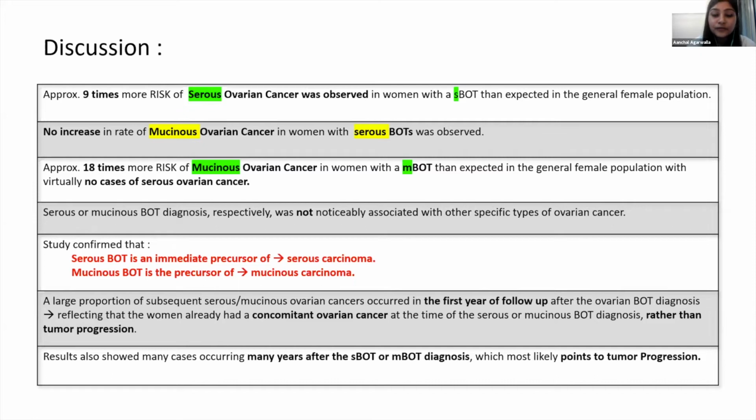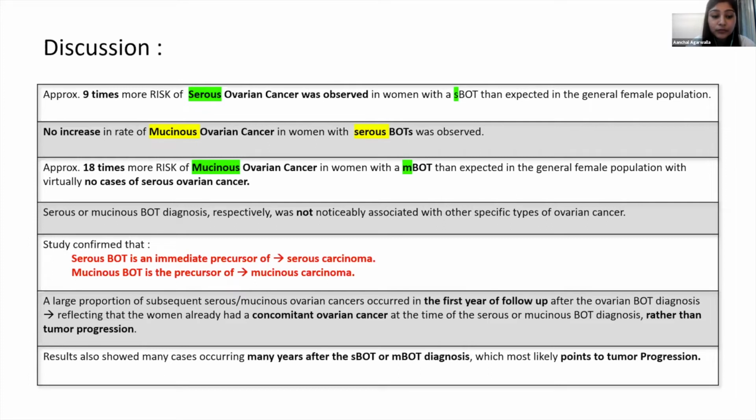The study confirmed that serous borderline tumor is an immediate precursor of serous carcinoma, whereas mucinous borderline ovarian tumor is a precursor of mucinous carcinoma. It was also seen that a large proportion of subsequent serous or mucinous ovarian cancer occurred in the first years of follow-up after the diagnosis of borderline tumor, reflecting that the women already had a concomitant ovarian cancer at the time of serous or mucinous borderline diagnosis rather than tumor progression.